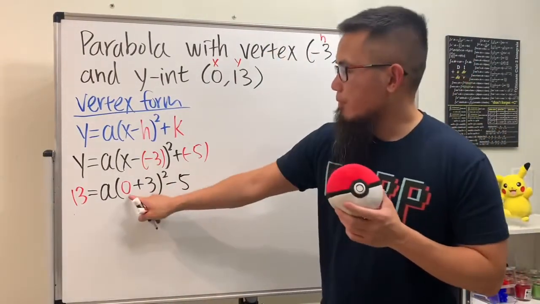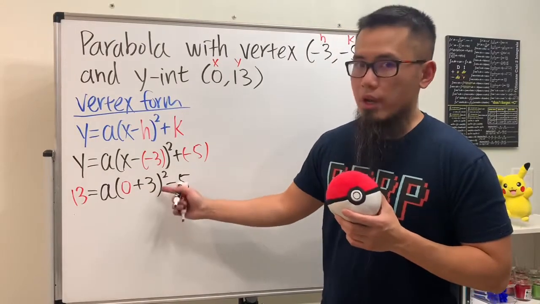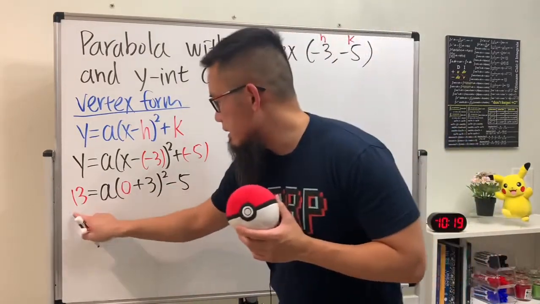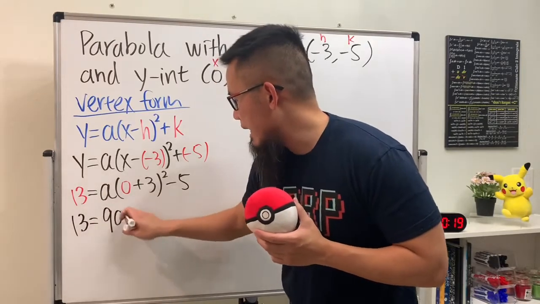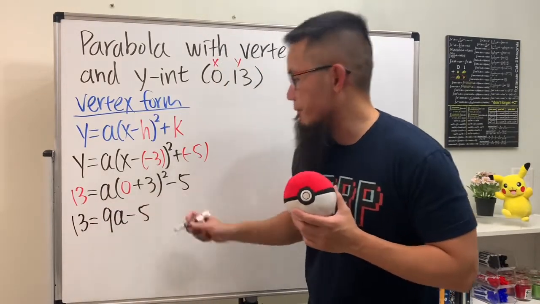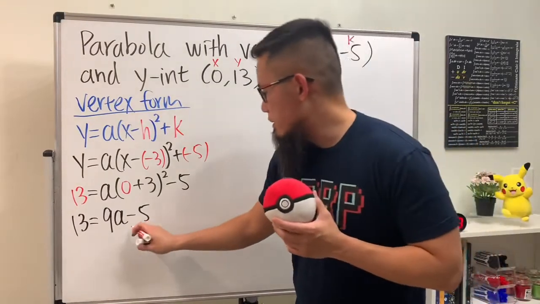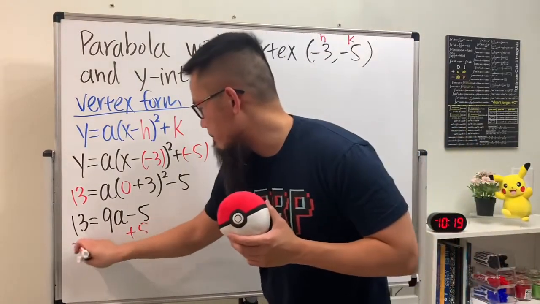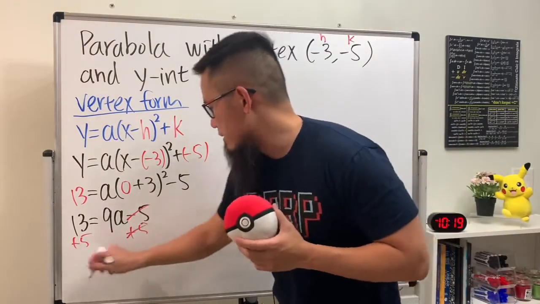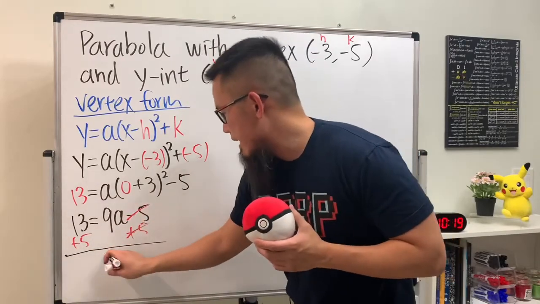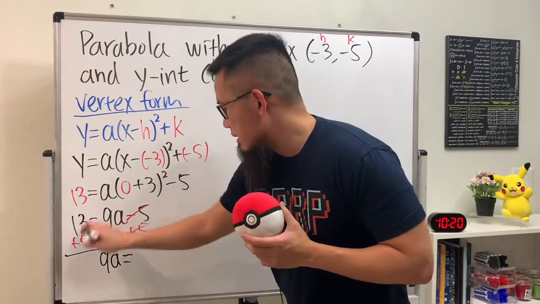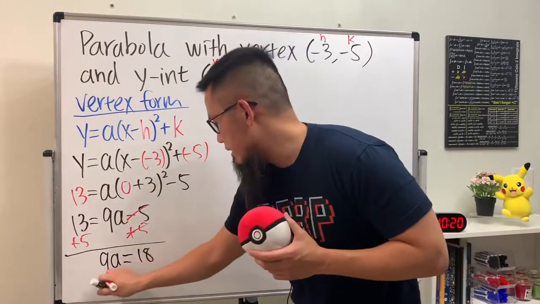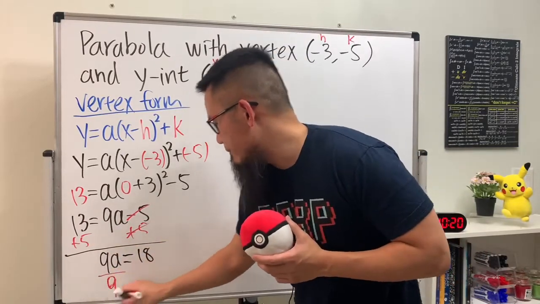Check this out. This is just 3 square, which is just 9, so this is 13 equals 9 times a, and then -5. And now we can just solve this the usual way, add a 5 on both sides. So you can see this and that will cancel, and then we get 9a. Let me write that down first, and then 13 plus 5 is 18, and then divide both sides by 9.